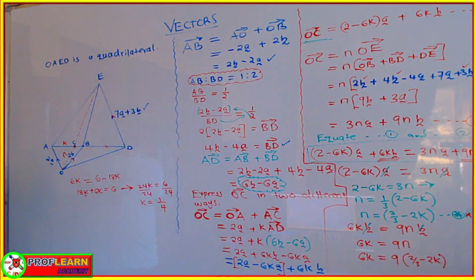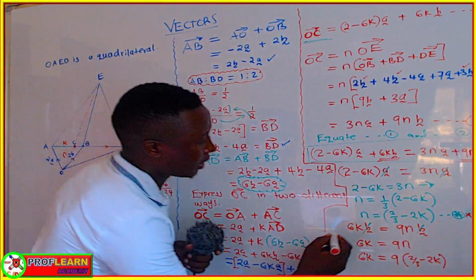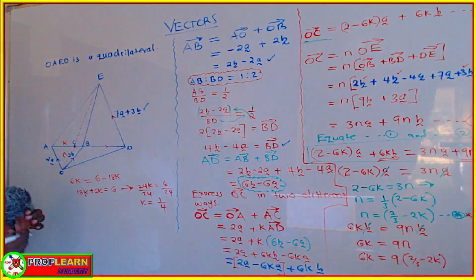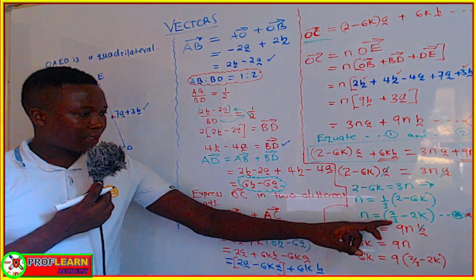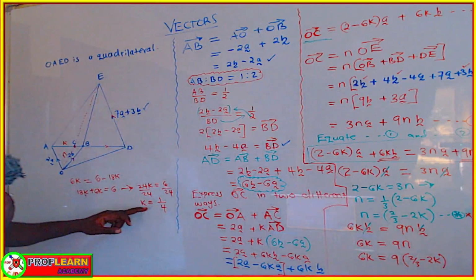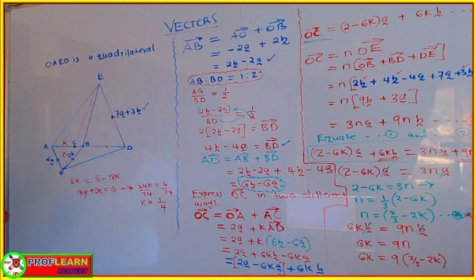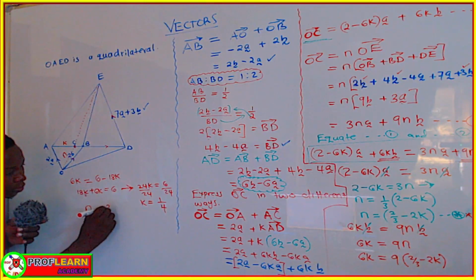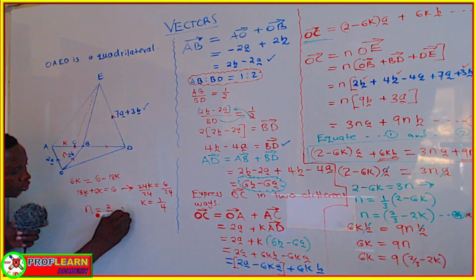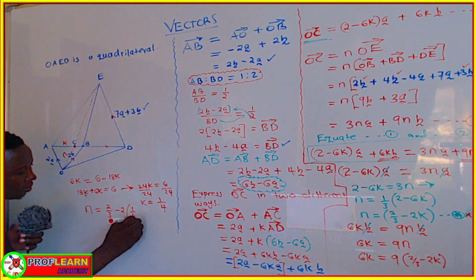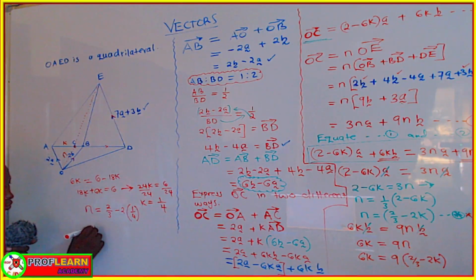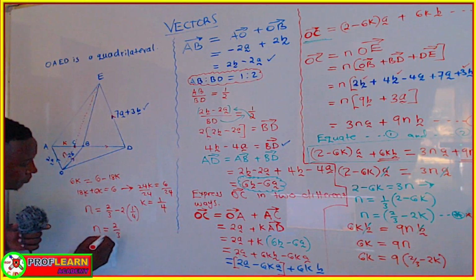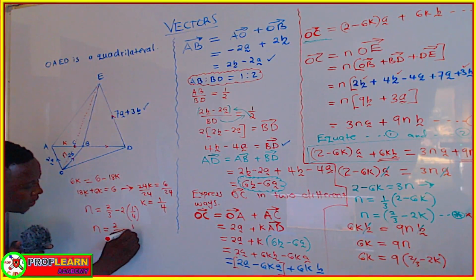So we also need to find what our n is. From this equation here, we know that n is 2 over 3 minus 2k. Now that we have k, which is 1 over 4, n is 2 over 3 minus 1 over 2.